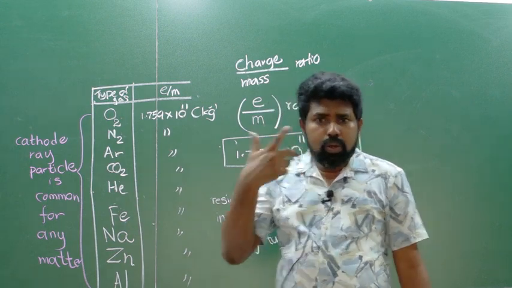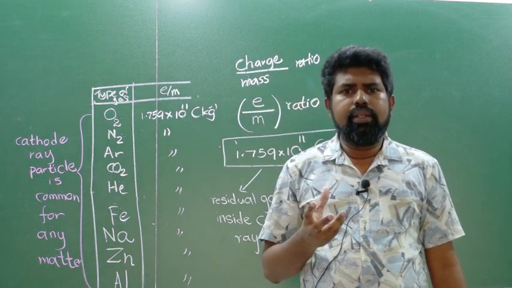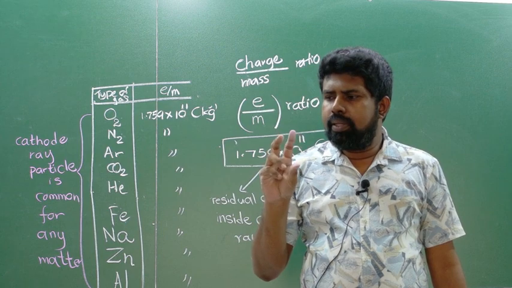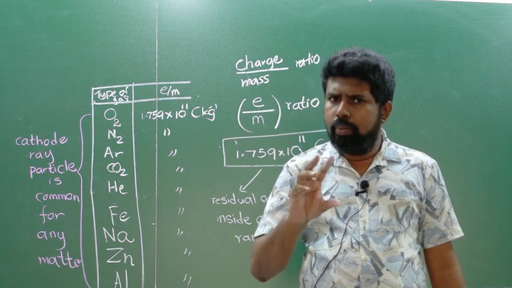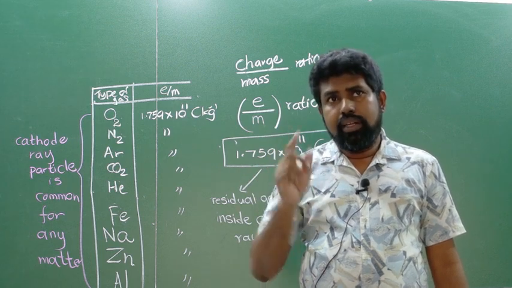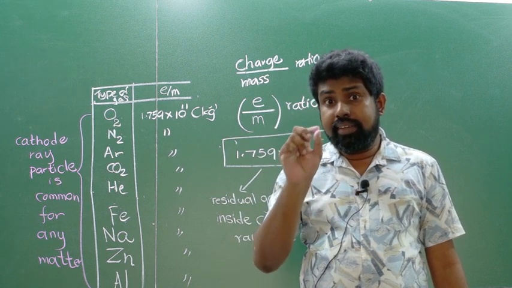Then Thomson thought, what is this? This should be a common particle, present in any matter, in any element in the world. And he thought that it is negatively charged, which means it has an electrical nature.